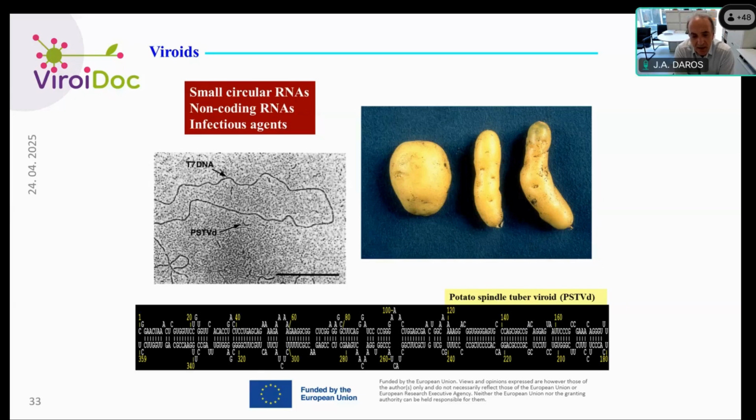You see here that it's a single-stranded, circular RNA, 359 nucleotides. I said it's relatively small because this was considered small some years ago, but we know a lot now about very important RNAs in the cell that are way smaller than this.